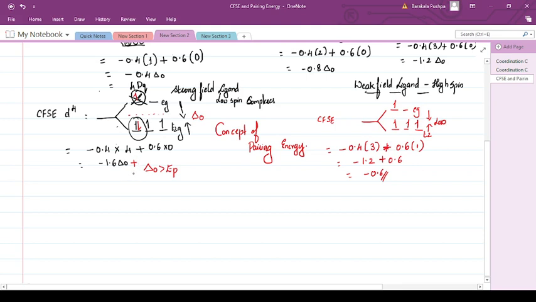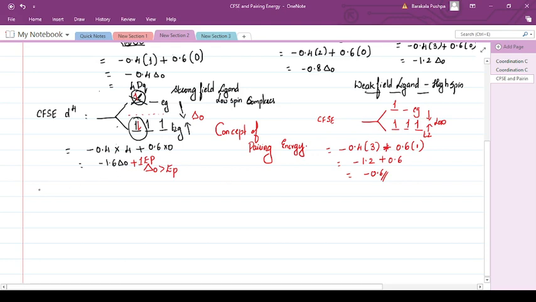Here one electron is getting paired. So the total CFSE of this complex is not only because of the electrons that are occupying, but also the energy required by an electron to get paired should be considered. So in this case, one electron is getting paired, so you need to write 1 EP along with the CFSE. Okay, this is the concept of pairing energy.